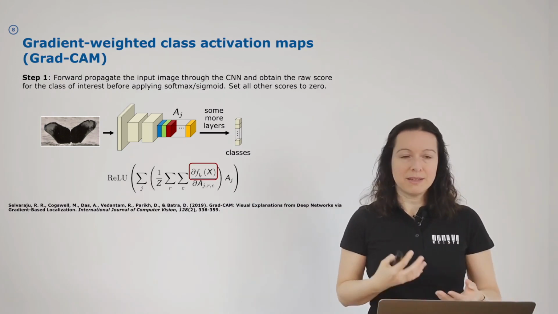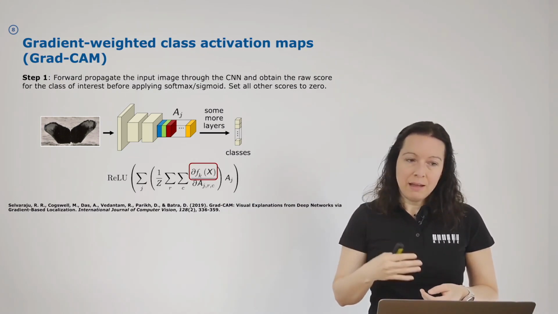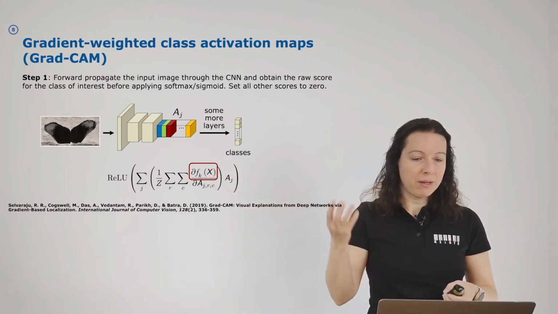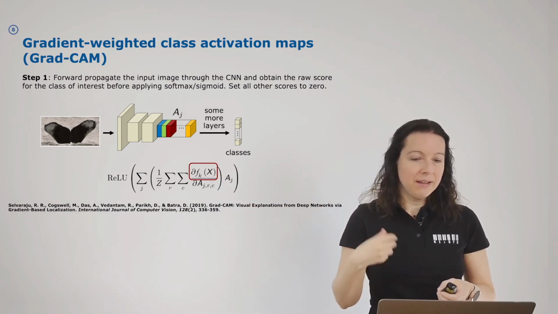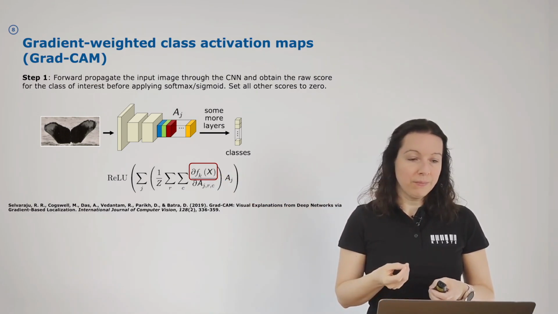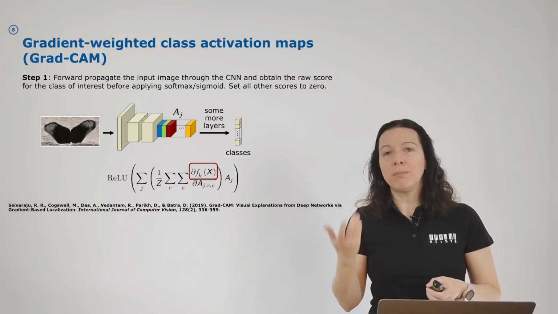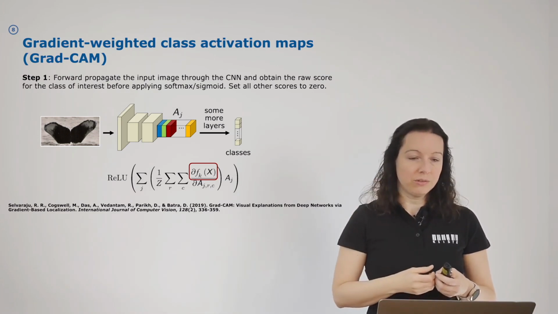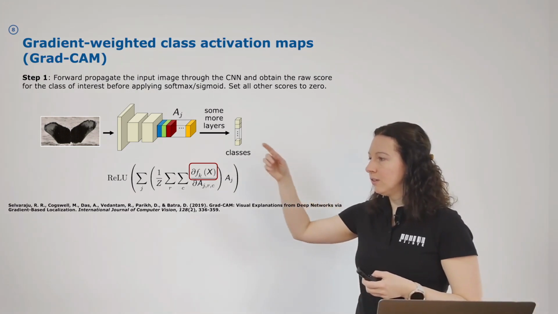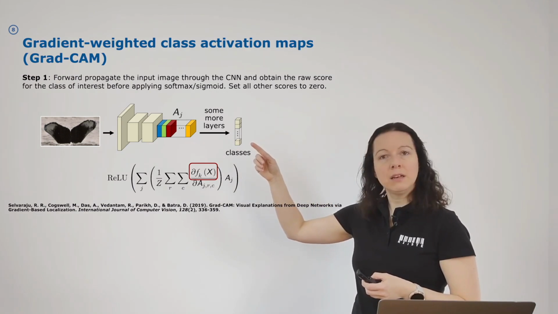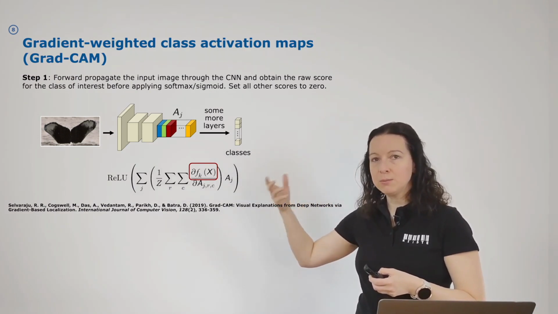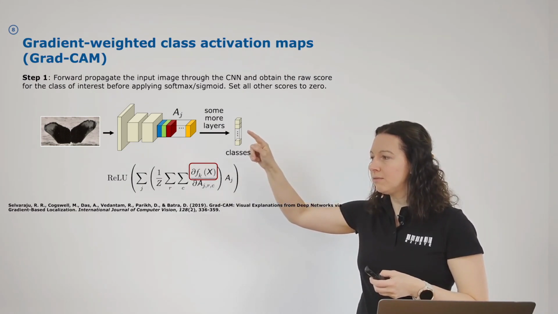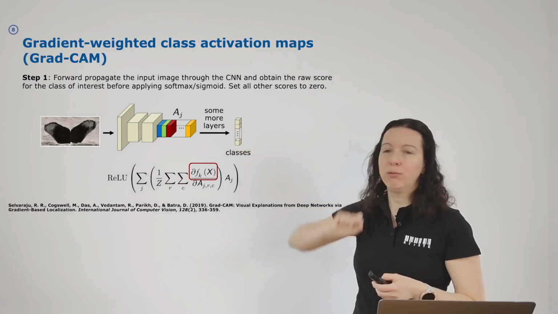Then we perform several steps. First step: you perform a forward propagation. You forward propagate the input image through the CNN, and you obtain a raw score for the class of interest before applying a softmax or a sigmoid function. And then you set all scores except the one you're interested in to 0. So when we look at our classes here, you pick one specific class, a specific whale ID in our case, and you do not take the final score, but you go a little bit before.